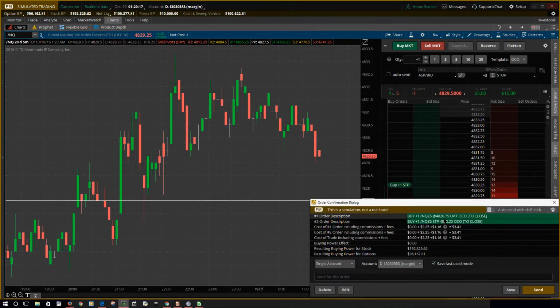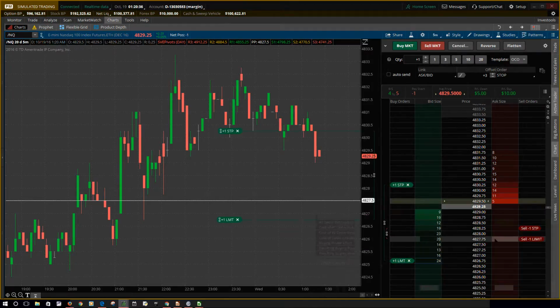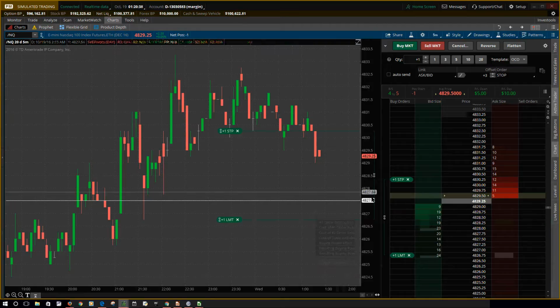It tells you, okay, you put in a buy limit at 48.26, which should be below where it's trading right now, which it is, and your stop is going to be above price, 48.30. Then all you do is confirm and send. Always get used to reading that and seeing that the orders are exactly where you want.